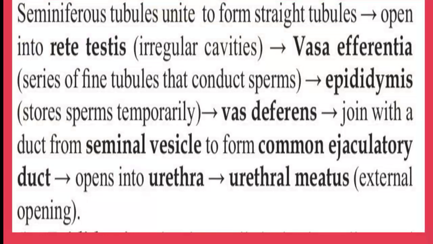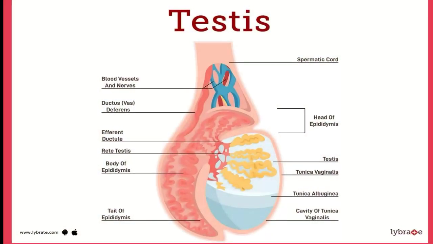Then, in addition to testis, the male reproductive system has accessory ducts. It includes rete testis, vas efferentia, epididymis, and vas deferens. Seminiferous tubules open into the vas efferentia through the rete testis. Vas efferentia opens into the epididymis, which leads to the vas deferens.